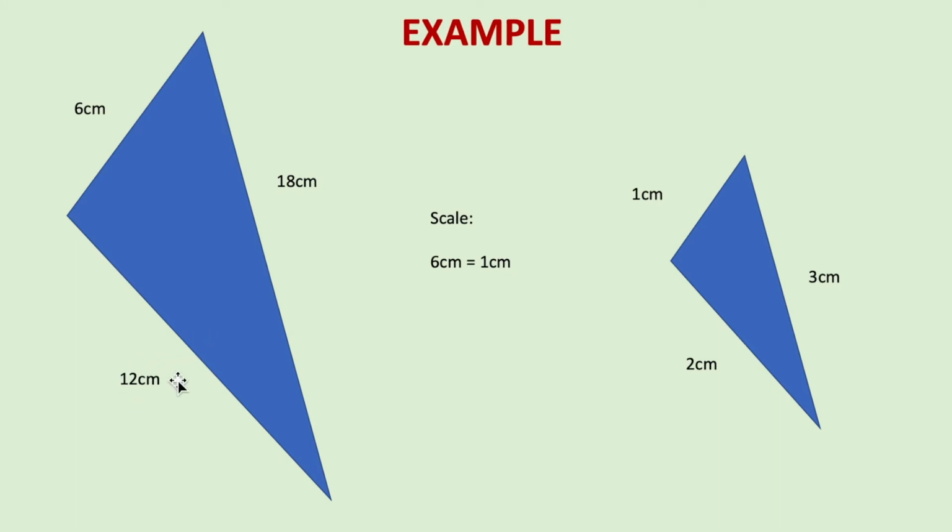This side is 12 centimeters, and that is like 6 centimeters twice. So that would mean that the representation side would be 1 centimeter twice, which is 2 centimeters. And then this last side is 18 centimeters, which is 6 centimeters 3 times. So that would mean that this side is 1 centimeter 3 times, which is 3 centimeters.